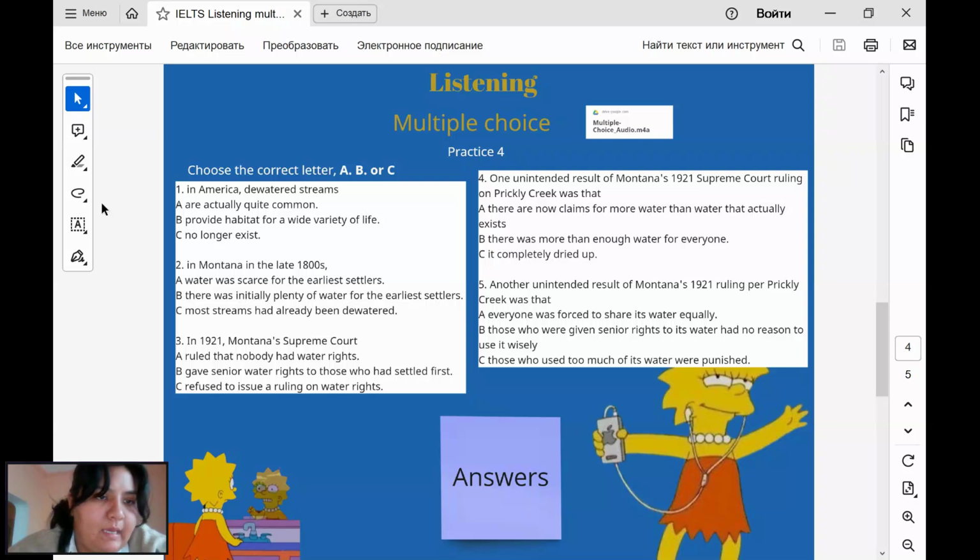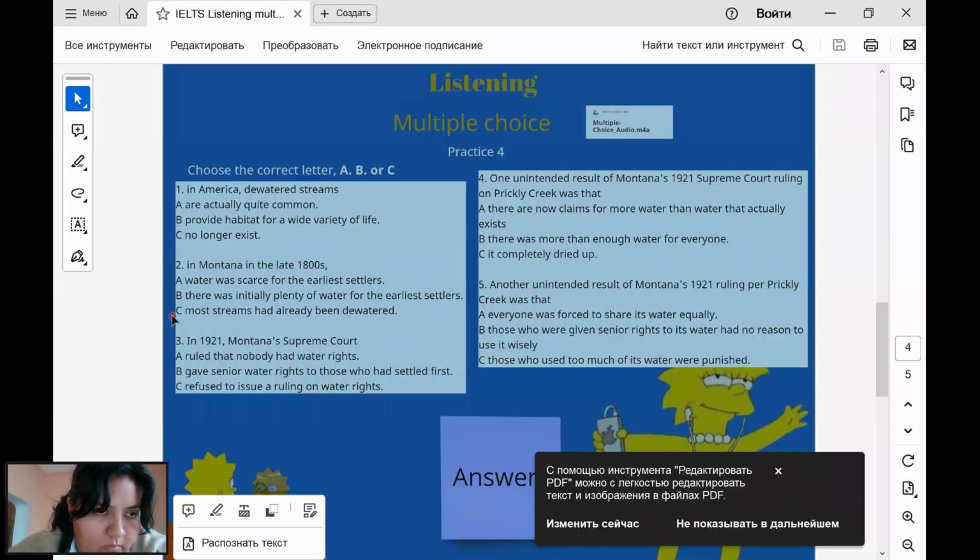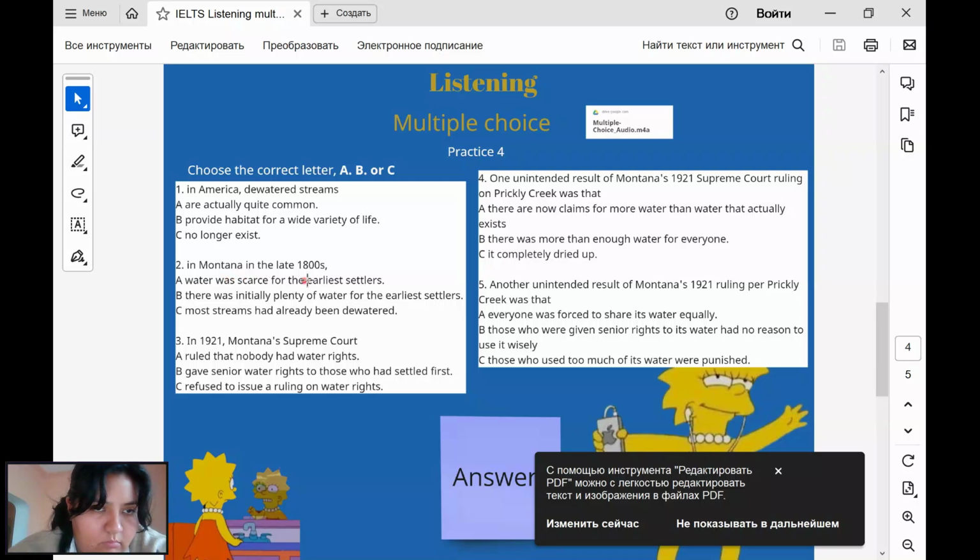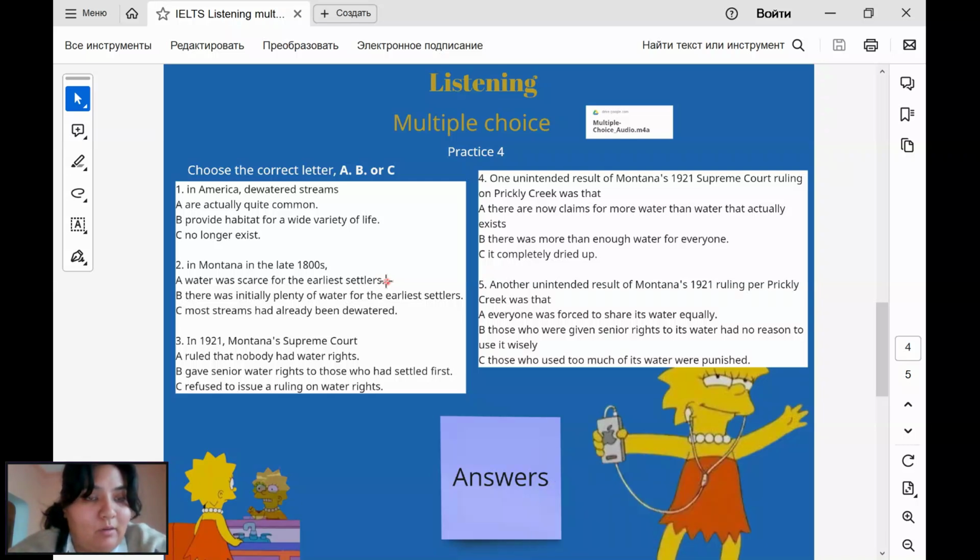So, options A and C are very similar to each other. It means that there was little water for the demand that they were having in the late 1800s. Or C, most streams had already been dewatered.